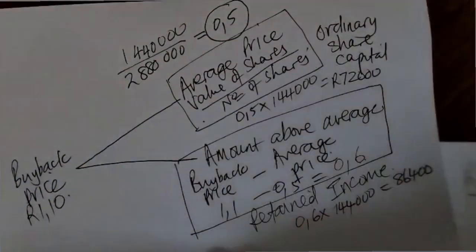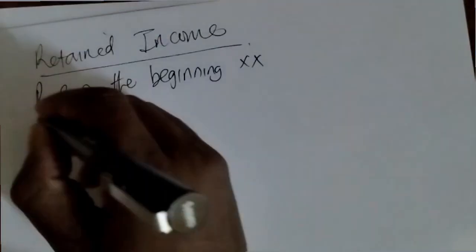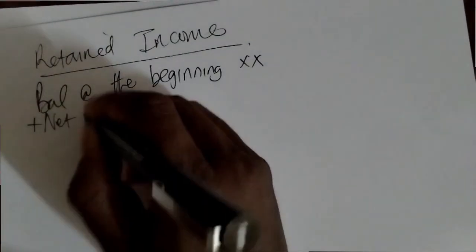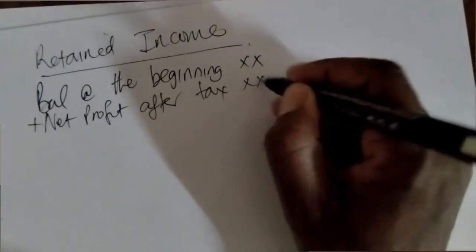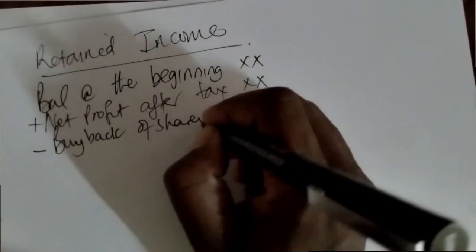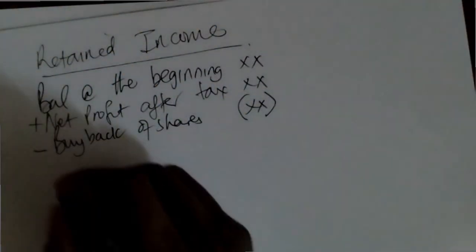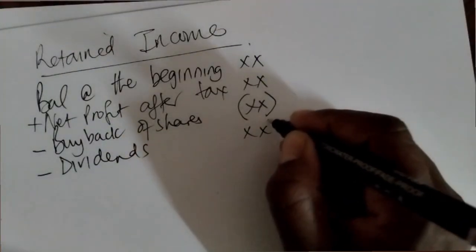So now if you're going to do your retained income, the template is that you have to start with the balance at the beginning of the year, then you add net profit after tax, and then you subtract buyback of shares, this must be in brackets, and then you subtract dividends, this must also be in brackets.